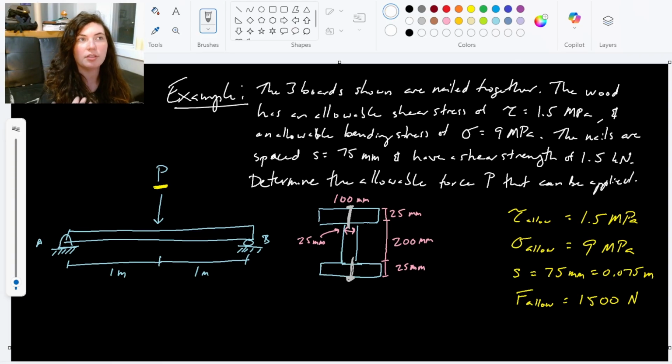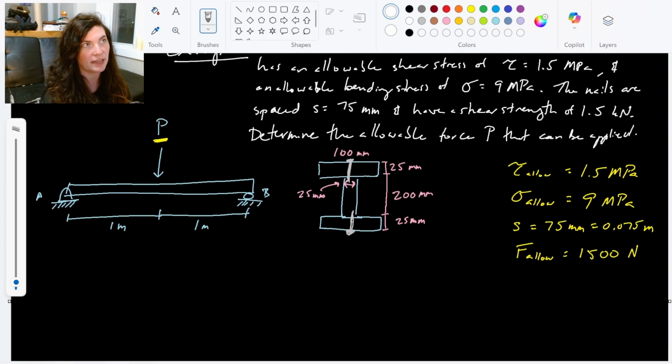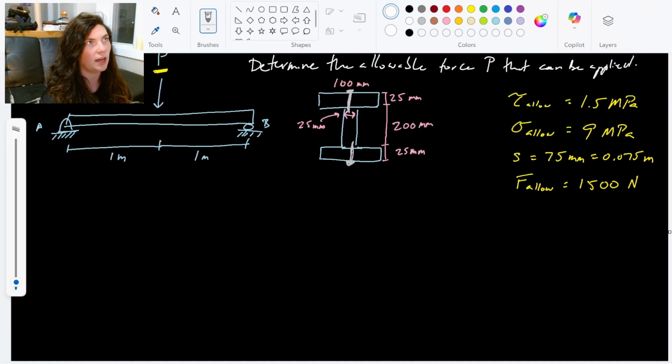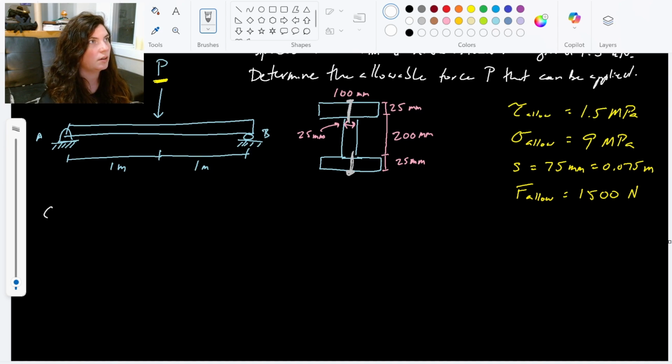All right, so again, we have the 3 allowables here: allowable shear stress, allowable bending stress, and allowable shear strength, right? A maximum shear strength. So let's go ahead and look at those 3 options. Option 1, to limit P, is bending stress.